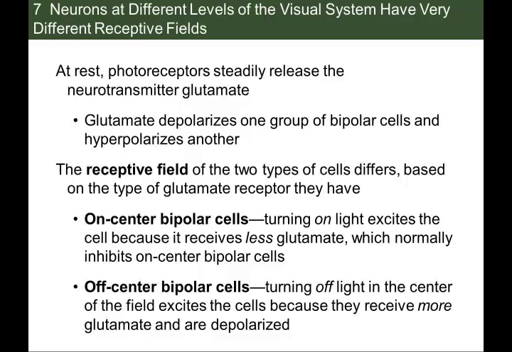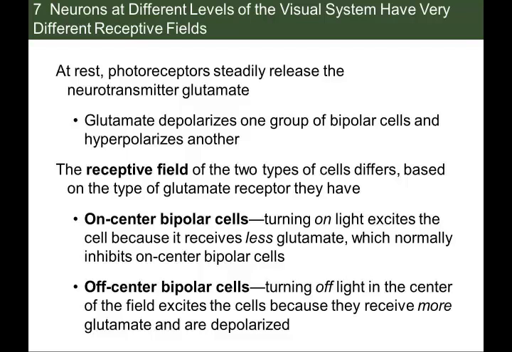The ganglion cell, whether on-center or off-center, is always excited by glutamate, and the more glutamate, the more excitation, which means an increase in action potentials. Therefore, with less glutamate, it decreases its firing rate. Does that make sense?